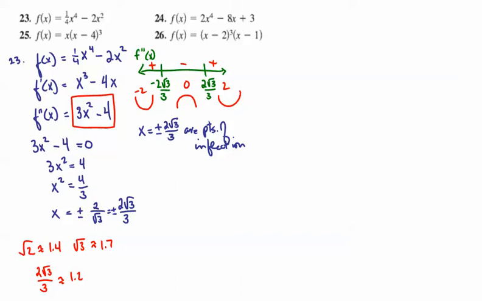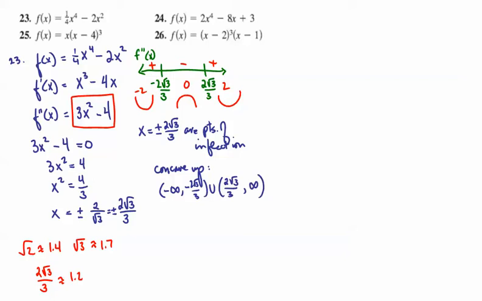And the concavity: concave up from negative infinity to negative 2 root 3 over 3, and then from positive 2 root 3 over 3 to infinity.